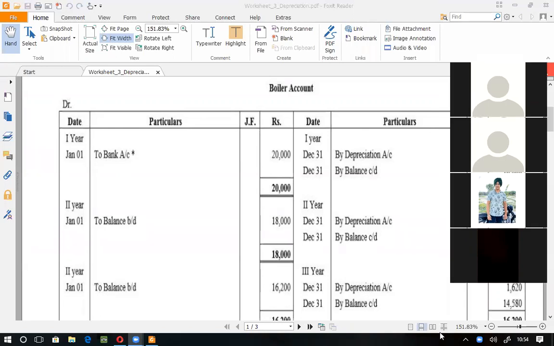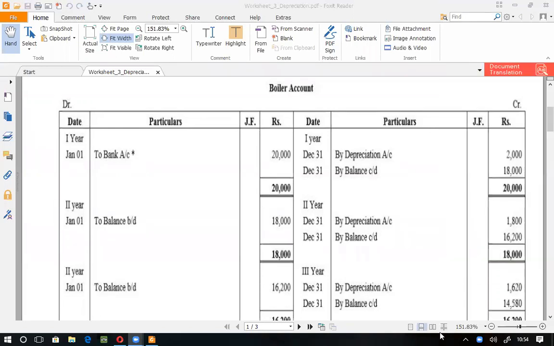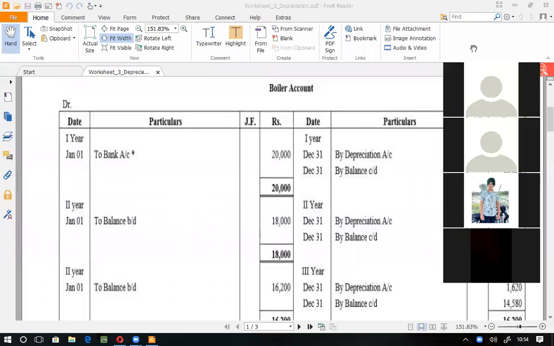So this way, this question ends. First year depreciation we have charged, second year depreciation we have charged. Now the remaining value of the asset becomes 16,200. Again we'll charge depreciation for the third year, because the question said to prepare the depreciation account for 3 years. Again 10% of the remaining value of 16,200. So what will be 10% of 16,200?